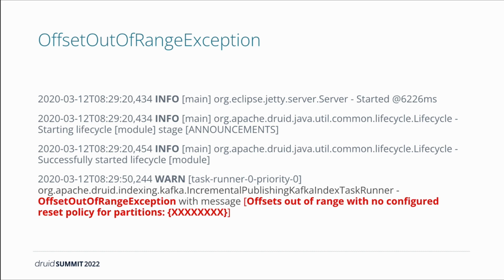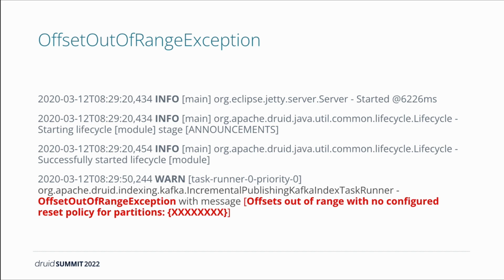Data isn't being ingested because the stored offset is no longer available in the Kafka topic. This tends to happen when data is being consumed too slowly, or where there's been an outage of the ingestion process that lasts longer than the retention policy for the Kafka topic.